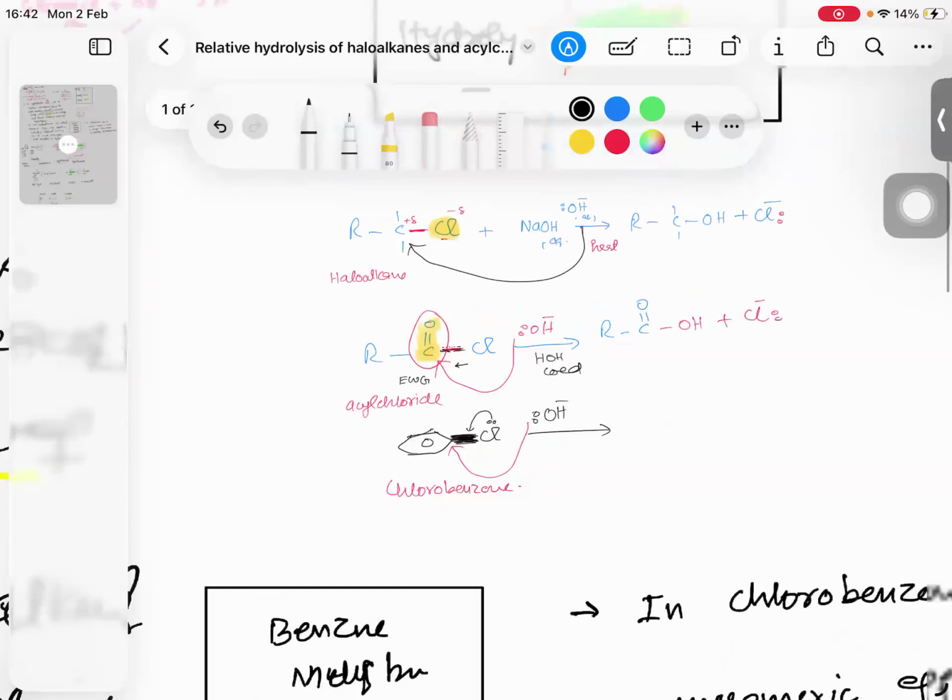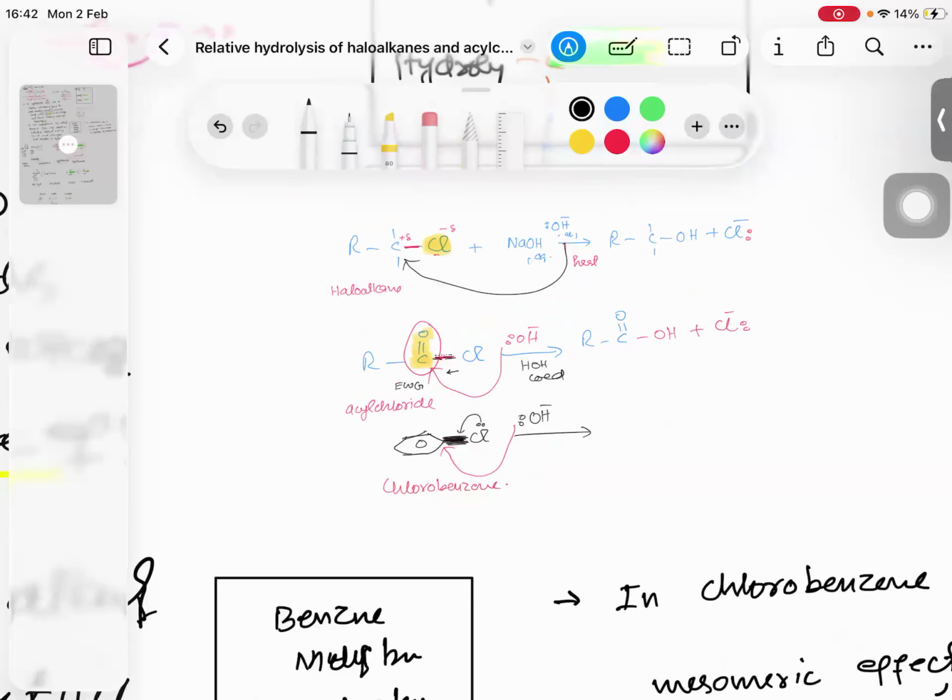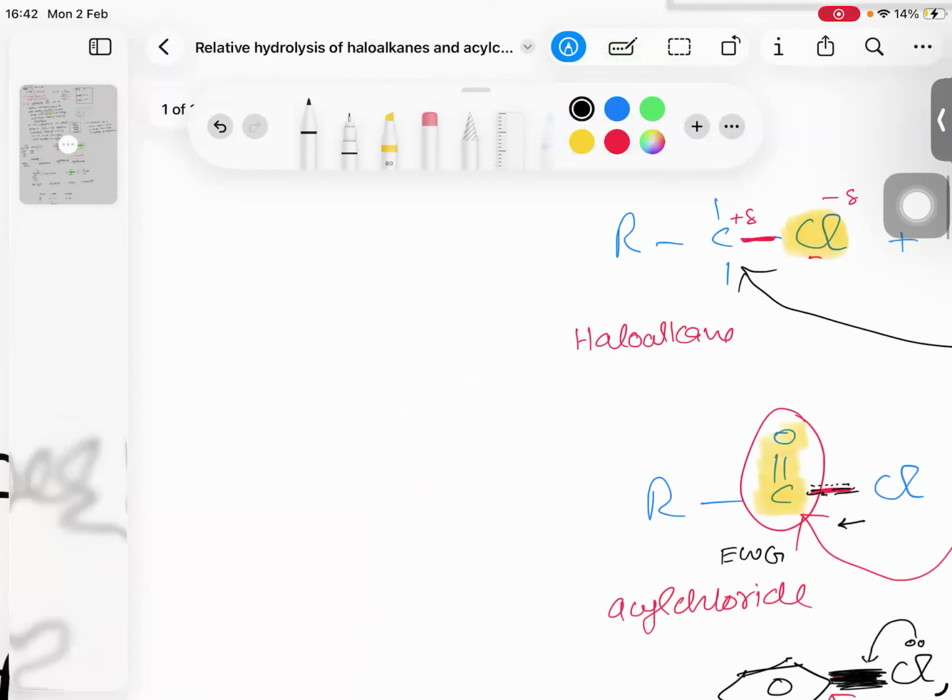So I hope you understand what I'm trying to say. In hydrolysis, we have to see the strength of the C-Cl bond, and then relate it to the rate of hydrolysis. The weaker the C-Cl bond, the more hydrolysis. In acyl chloride or any other hydrolysis, you have to focus on the strength of the C-Cl bond.